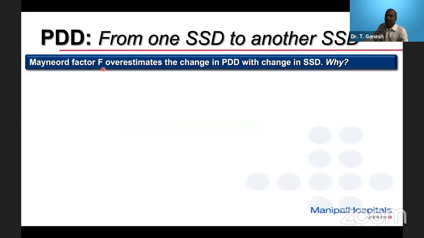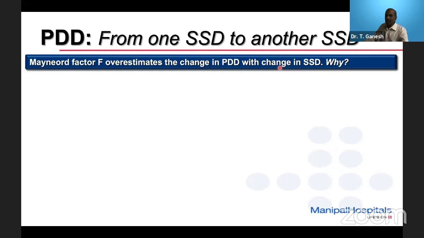Okay, so the Mayneord factor F overestimates the change in PDD with change in SSD. Question: why? Once again, remember, when you ask and try to dig out the answer, you will actually develop more interest towards the subject.